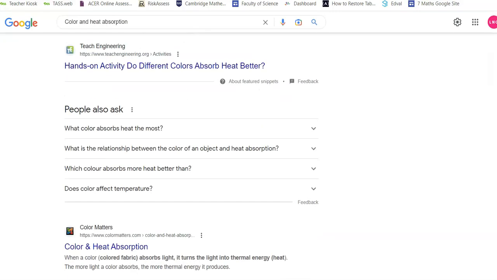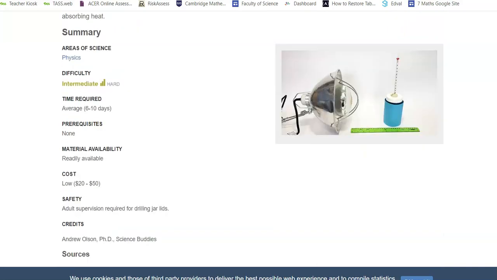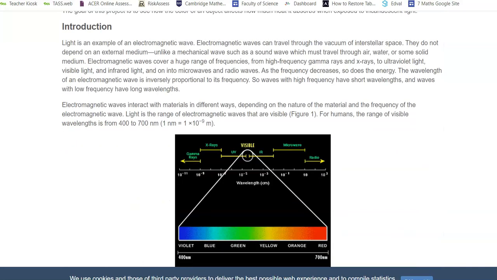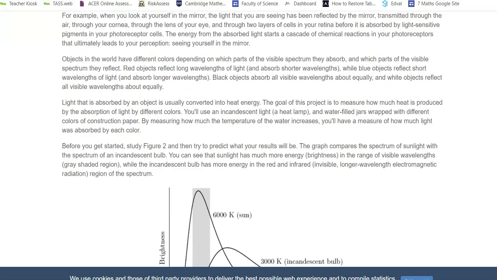I decided these sources weren't suitable, so I changed my search terms to colour and heat absorption. Having read the information on some of these sources, I've decided these pages have information that I'll use, such as this.